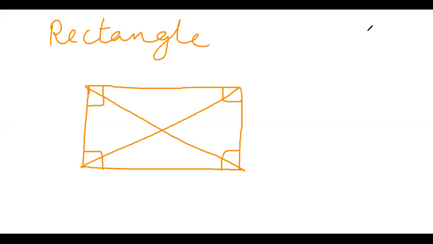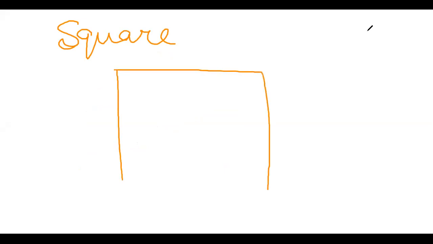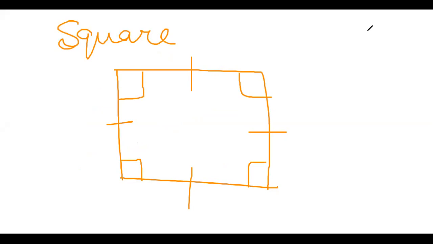Then let's move to the next, square. A square is a parallelogram whose all sides and angles are equal and opposite sides are parallel also. Diagonals are also equal and bisect each other at 90 degrees, right?